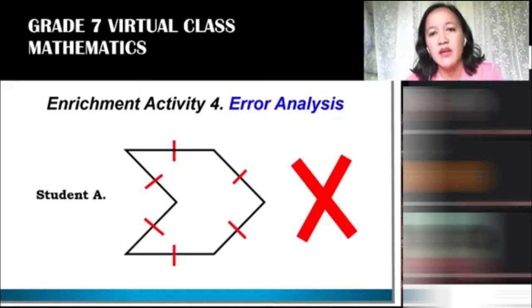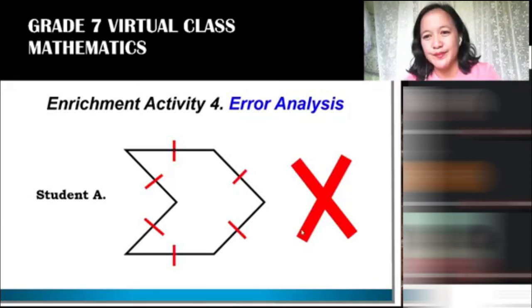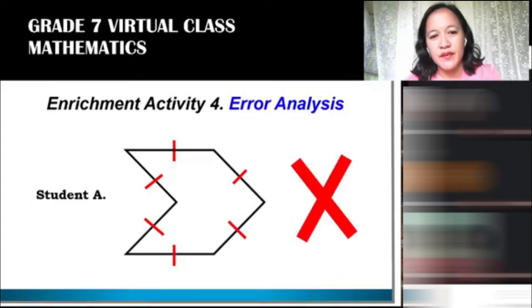So this is how the student drew a regular octagon. So there is something wrong. Anong kaya dito ang mali? Bakit kaya siya mali? Although pare-parehas yung sides niya, bakit kaya siya mali? What do you think? Yes, Mark Jan.